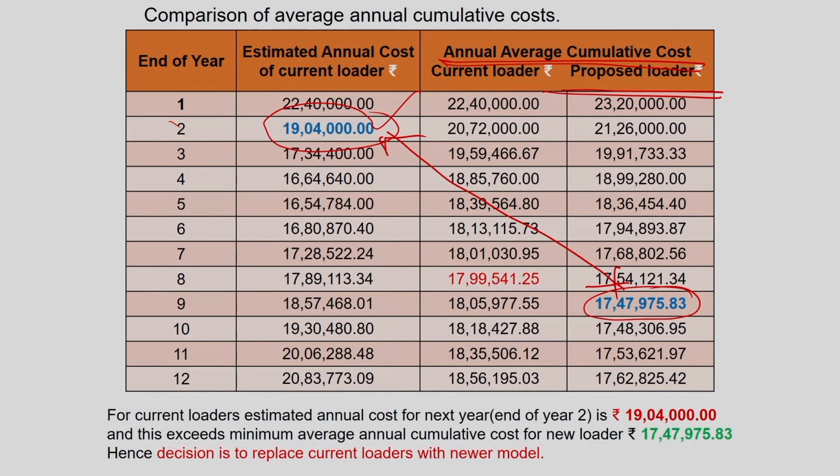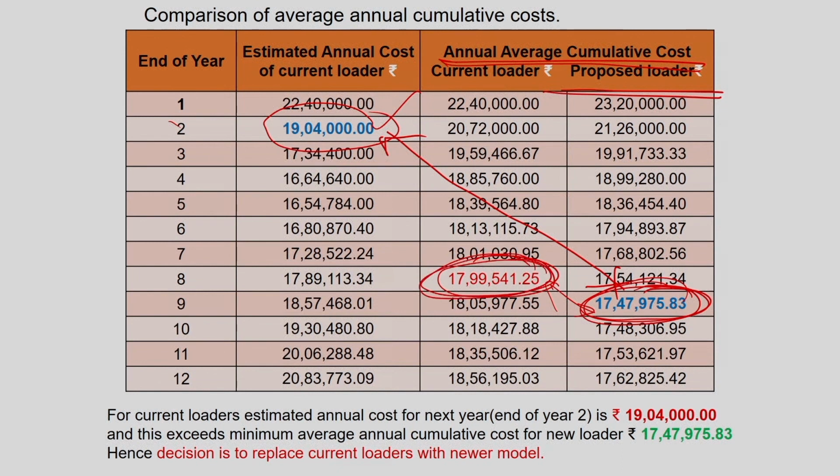So you have to replace the current loader with the new loader as per the Dr. Douglas guidelines. Okay. And also, as I told you, when you compare the average annual cumulative cost of the current loader as well as the proposed loader, these two minimum values also justify the replacement, because the proposed loader value is lesser when compared to the current loader.